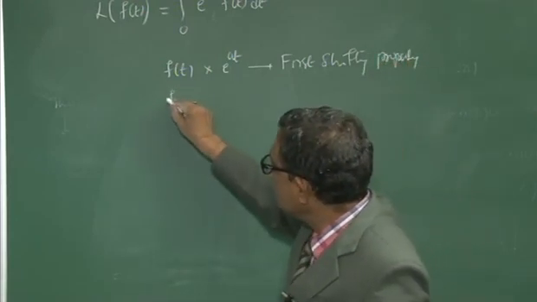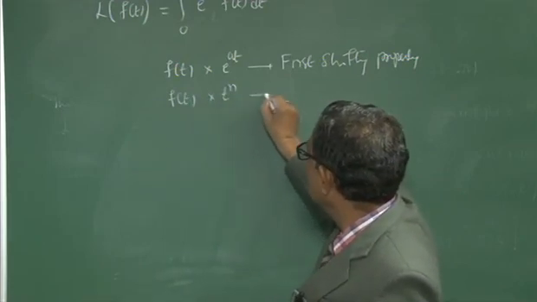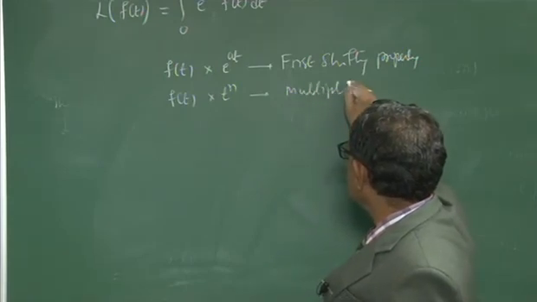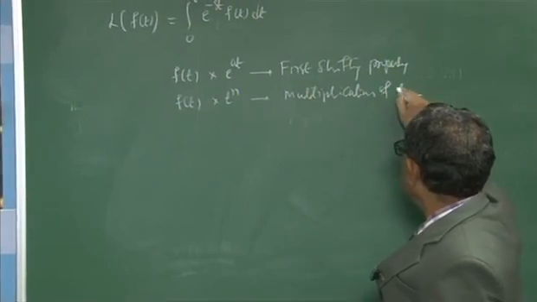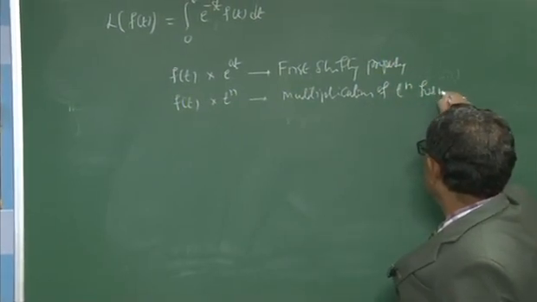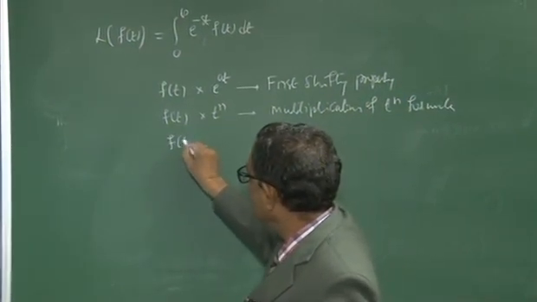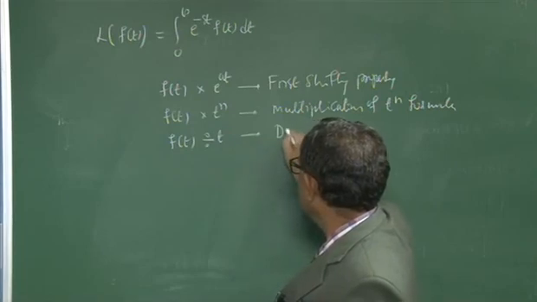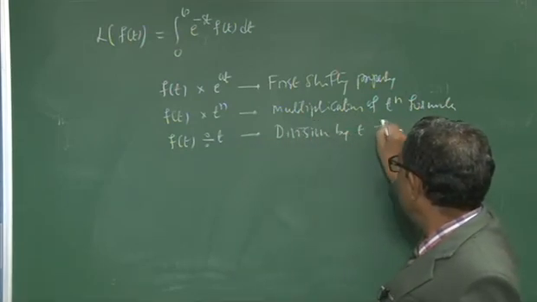If the function f of t is multiplied by t raised to n, you can use the multiplication by t raised to n formula. If the function f of t is divided by t, you can use the division by t formula.